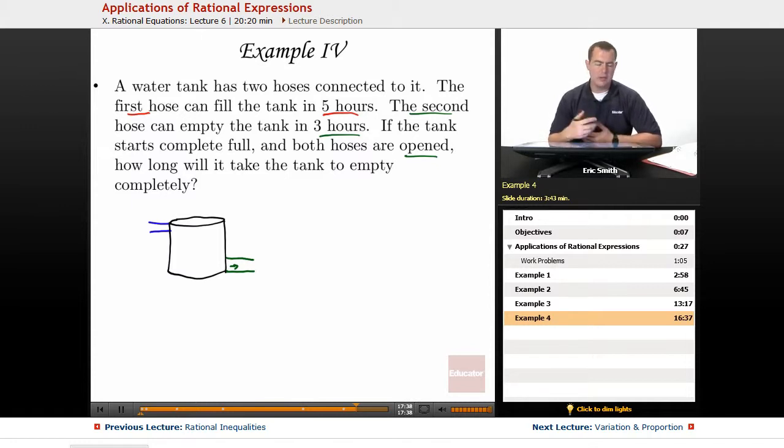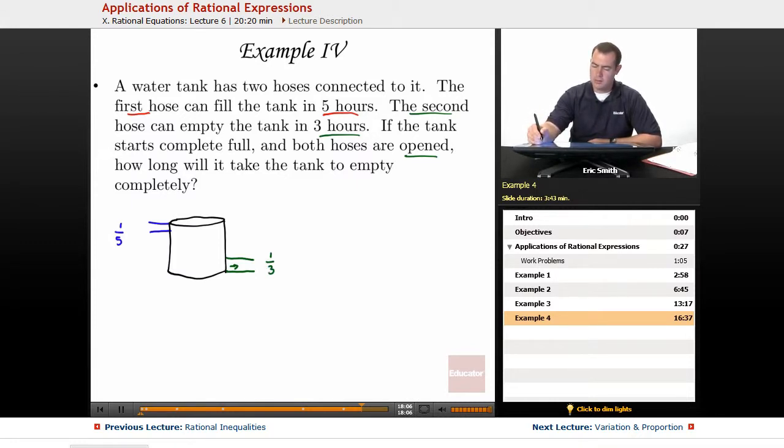So that means if we just leave it on, every hour 1/5 of that tank will fill up. So I know its rate, 1/5. Now, if I look at emptying the tank, it's a much smaller time to empty it, 1/3. So if I really did have them both open, I would know that the second one would be able to empty the tank, since it empties faster than the first one can fill it.